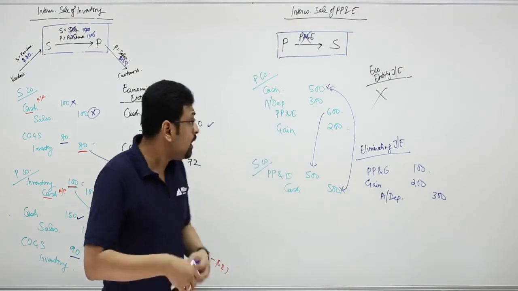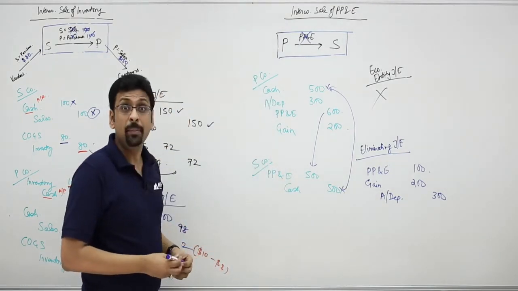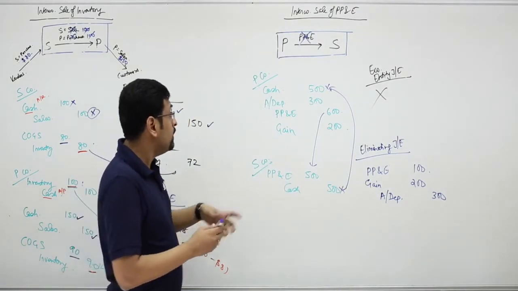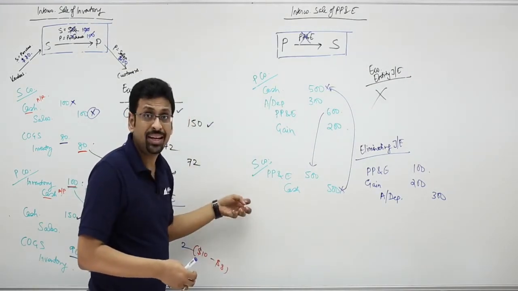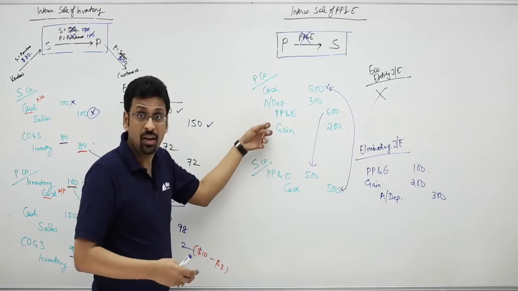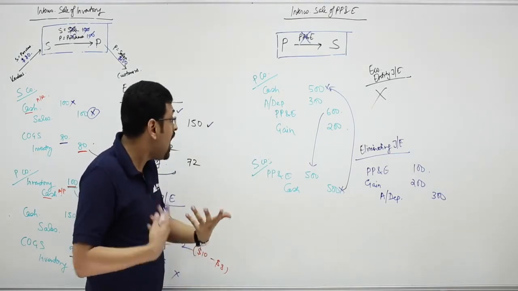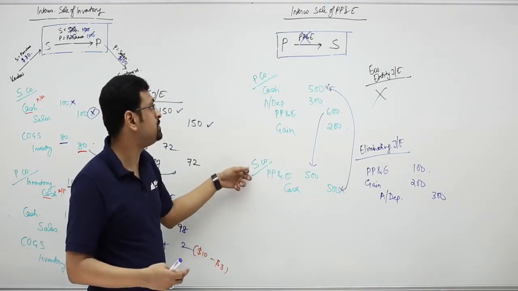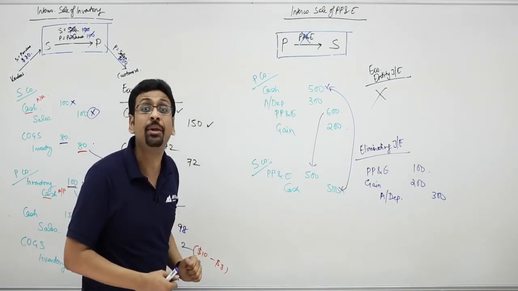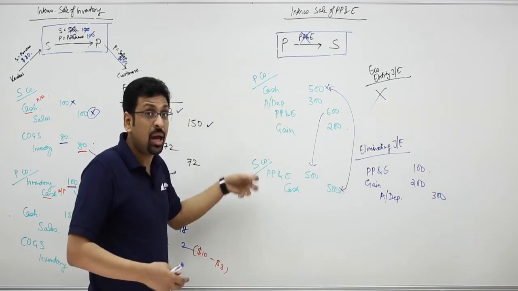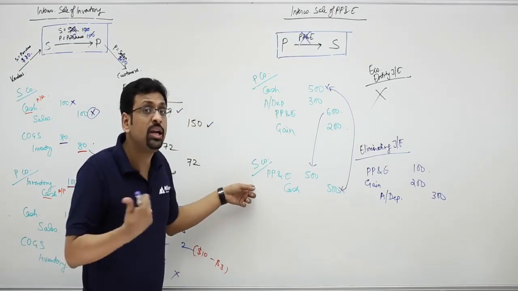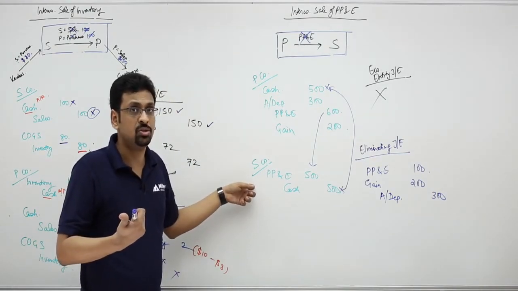Now a little trick here could be depreciation. Now that the parent has sold the PP&E to the subsidiary at a markup, at a gain, there would be higher depreciation by the subsidiary than it would have been had the parent not sold it at all. So if the depreciation amount has increased, we need to reduce it on the consolidated financials.